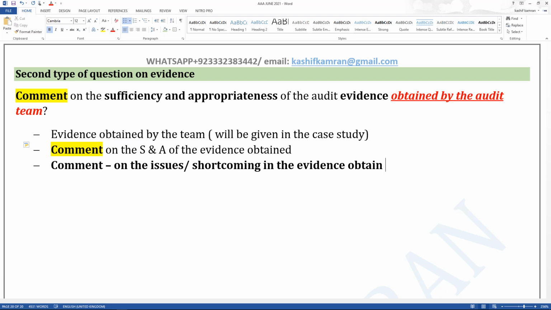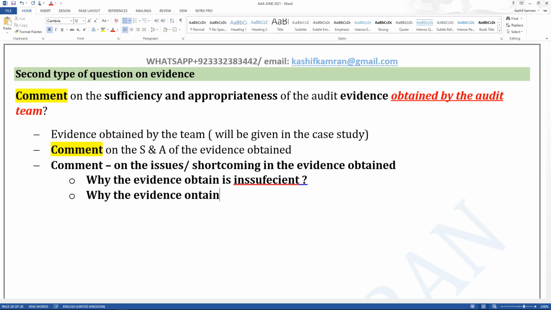So you will read the case study, and wherever you think the evidence obtained by the team is insufficient or inappropriate, you will keep commenting on it, and you will tell the examiner why the evidence obtained by the team is insufficient, or why it is inappropriate.